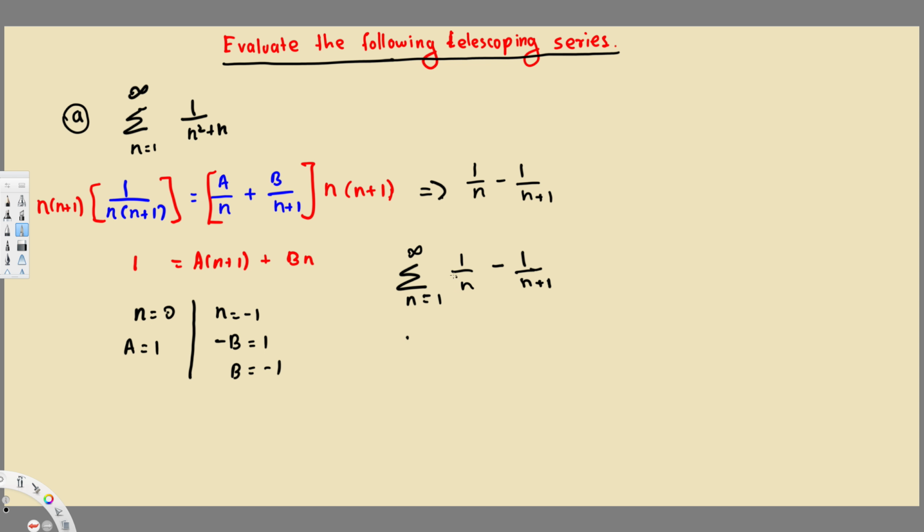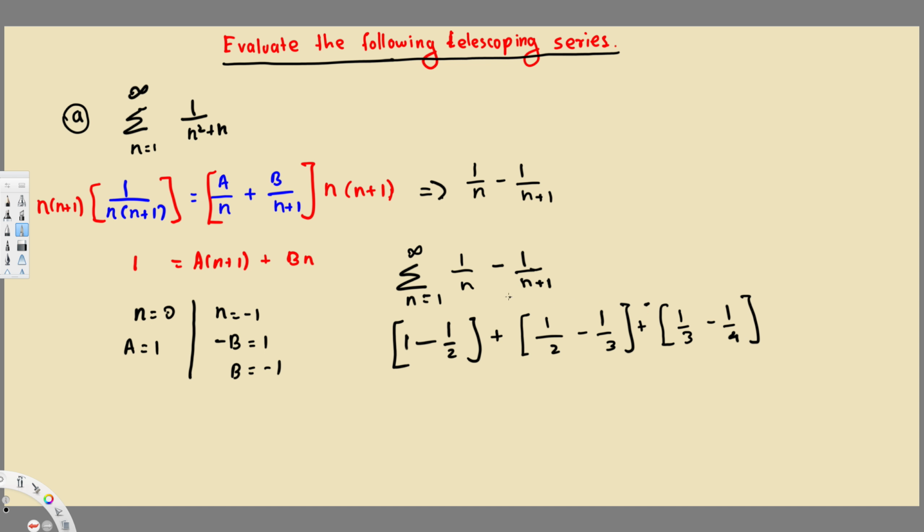If I plug 1 for this n value, we are going to have just 1 minus 1 over 2, right? Then if I plug 2, this is going to be 1 over 2 minus 1 over 3. And if I plug 3, that's going to be plus 1 over 3 minus 1 over 4.